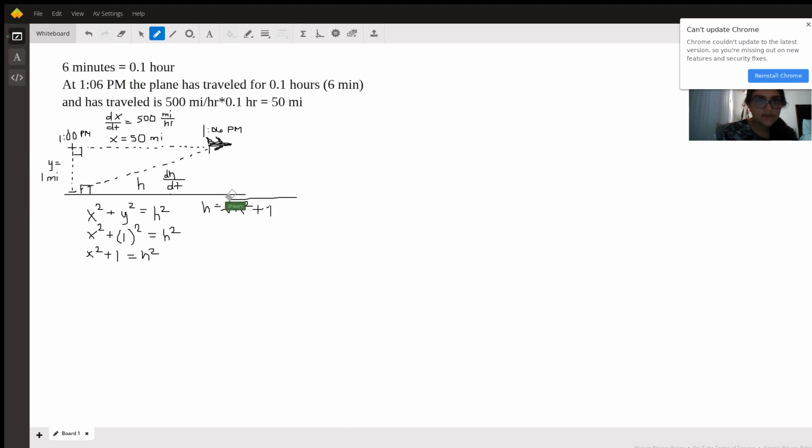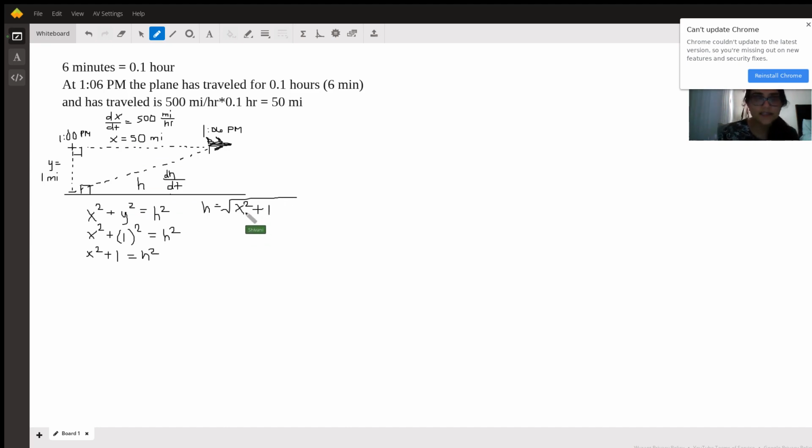Now that we've expressed h as a function of x, we can go ahead and determine dh over dx. That's the rate of change of h with respect to the horizontal distance x. For this, we need to use the chain rule.